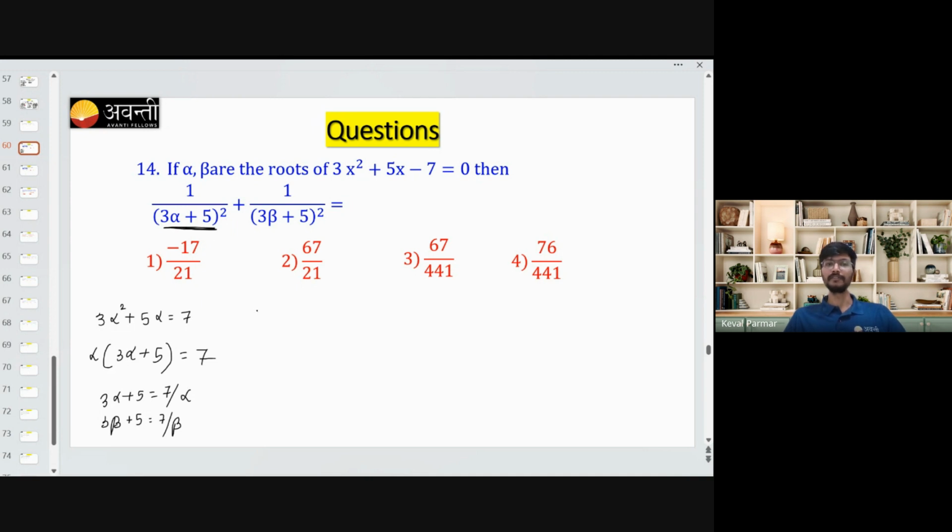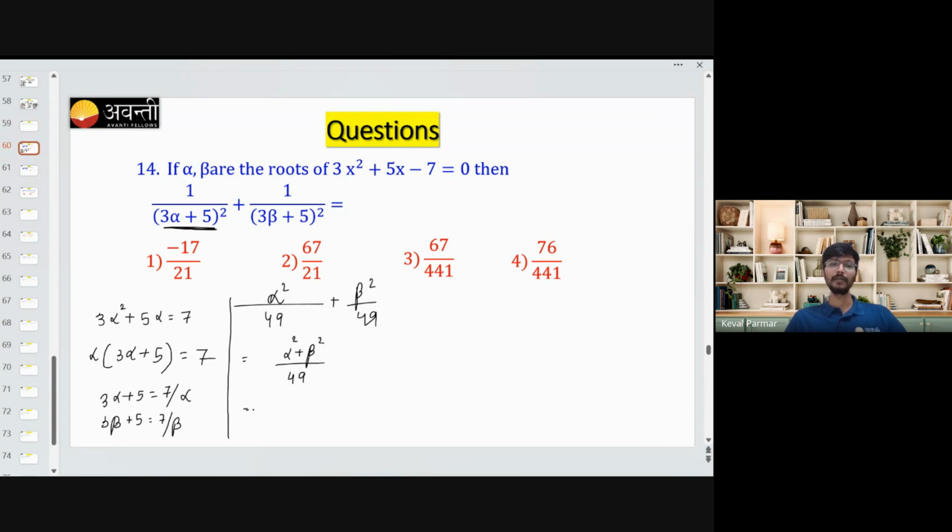Let's substitute both of them here. So what will I get, guys? Come on. We want the square. So we'll get alpha square upon 7 square, which is 49. Similarly, beta square upon 49. Now, how to get alpha square plus beta square? This is basically equals to alpha square plus beta square upon 49.